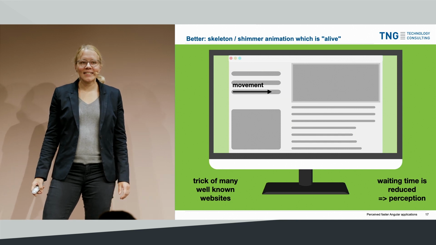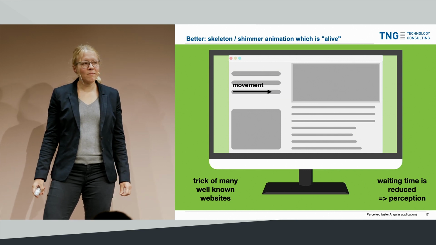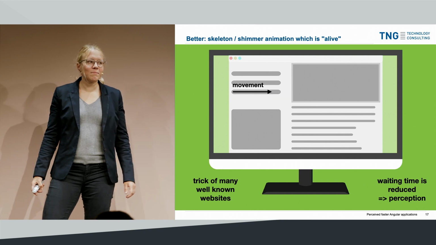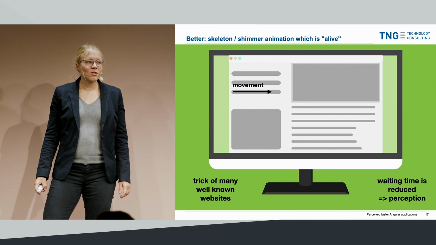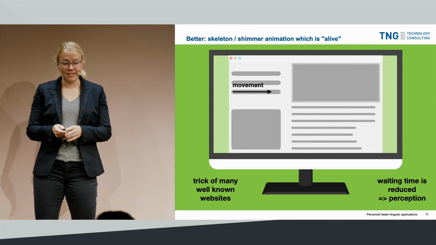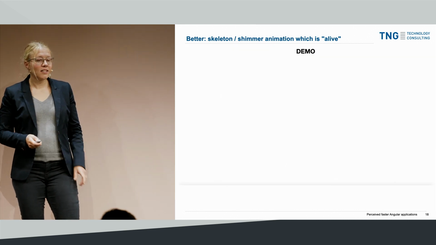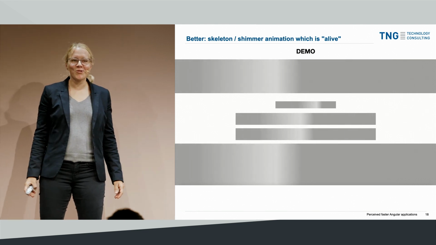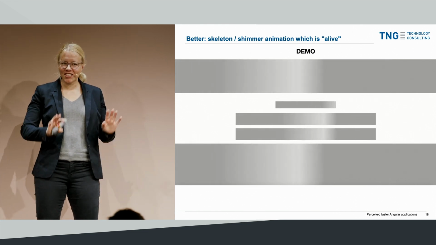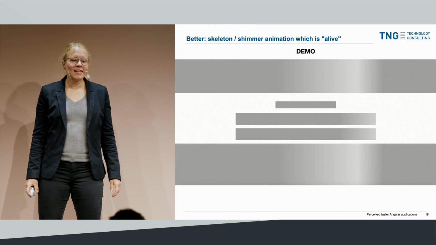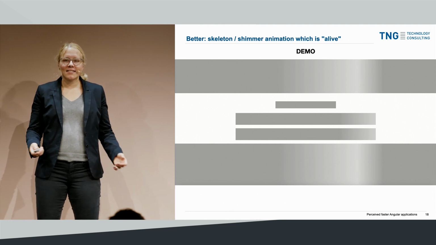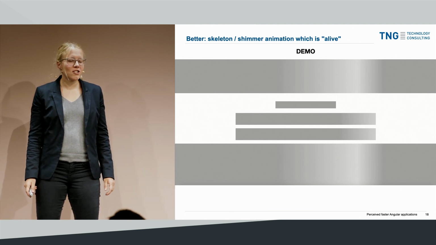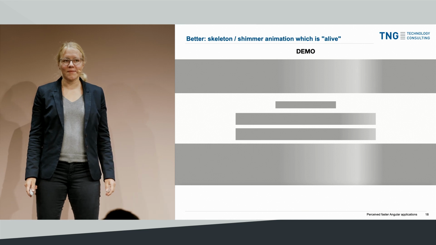And we can gain a lot of time that our backend data might be fetched in order to keep the user interested. Just to give you an example how this might look like, I made a small prototype once for my client, just with pure HTML and CSS. And this is how a shimmer animation might look like with this movement.